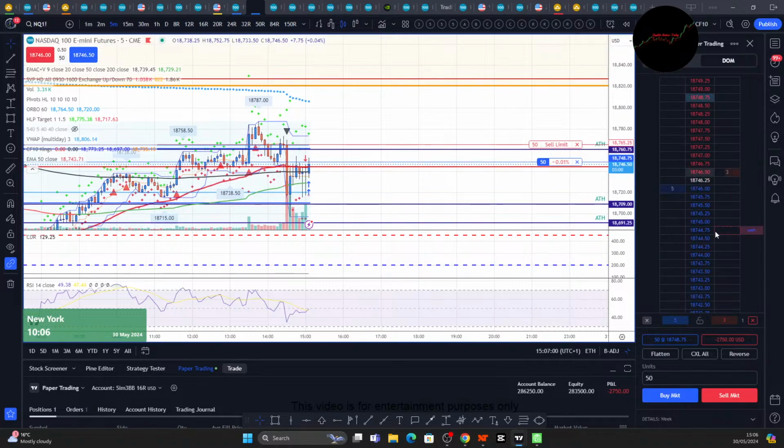Where would the stop be? Oh, don't tell me it's going to be another ranging day.